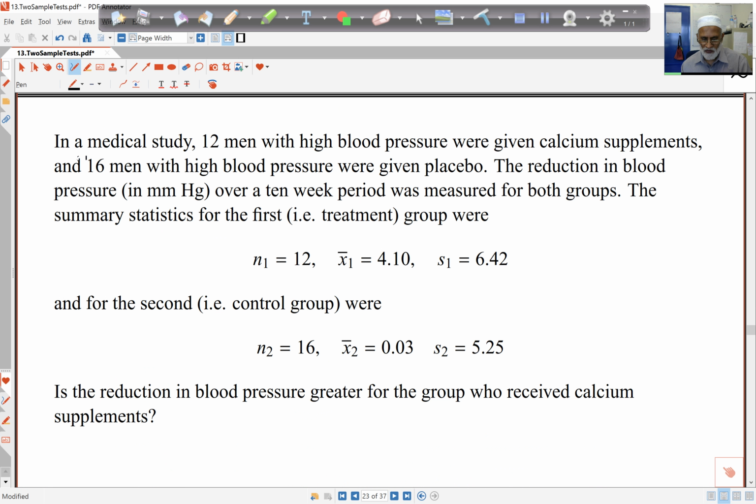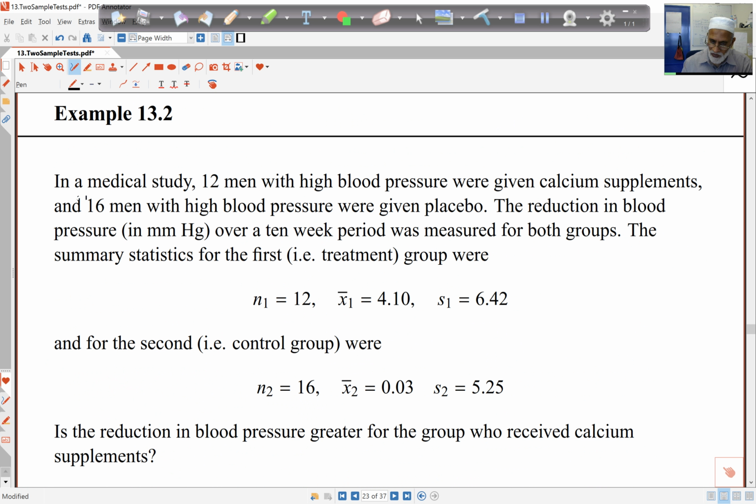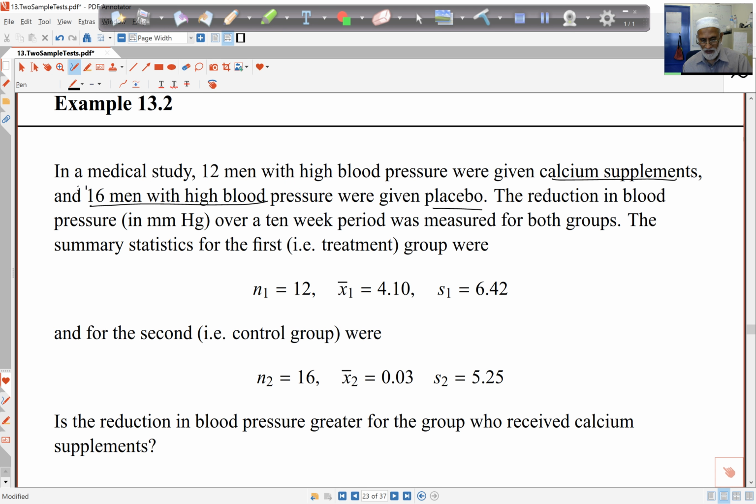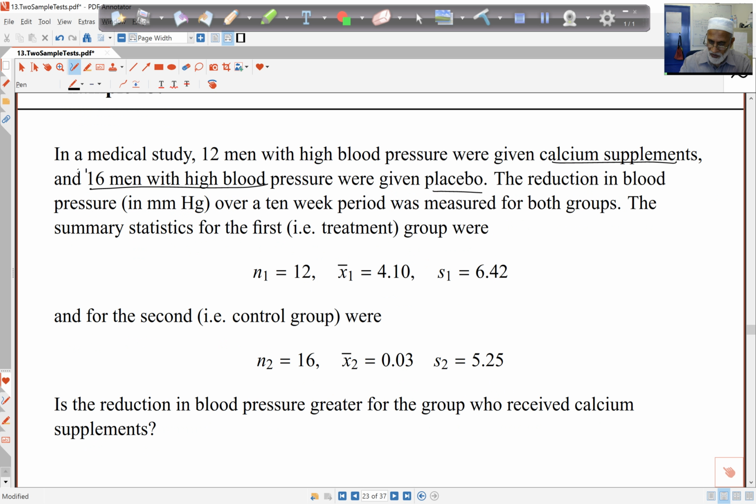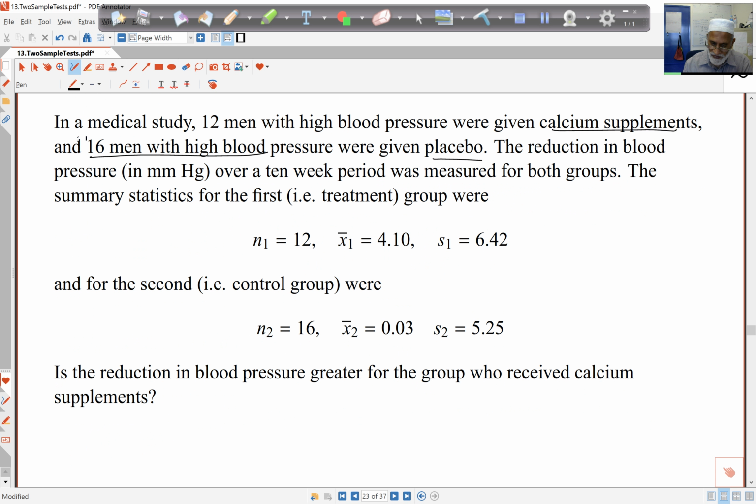Example: 12 men with high blood pressure were given calcium supplements, which are meant to reduce blood pressure, and 16 men with high blood pressure were given a placebo. We want to see if calcium leads to a reduction in blood pressure. For the first group, sample size n1 is 12, the mean decrease was 4.1, and the standard deviation is 6.42.